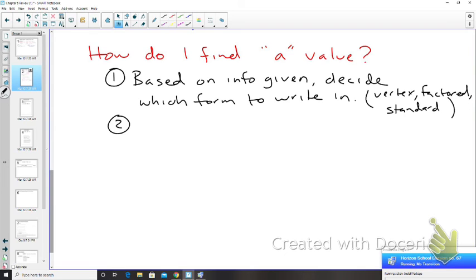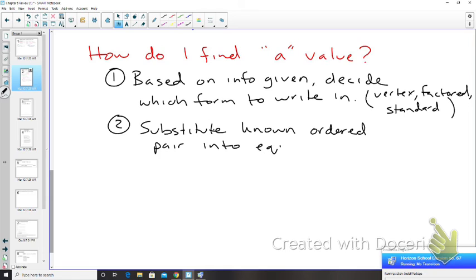Step 2, you will know an ordered pair. So substitute the known ordered pair into the equation and solve for A. Make sure you guys are able to find the A value.